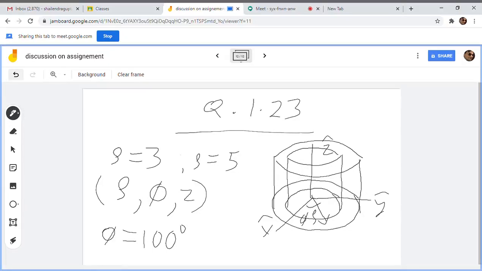Phi is equal to 100 degree. So you are making phi constant. So rho can vary and z can vary. So phi, if you are making it constant, it means it's a plate. It's a plate that is lying on the phi angle.